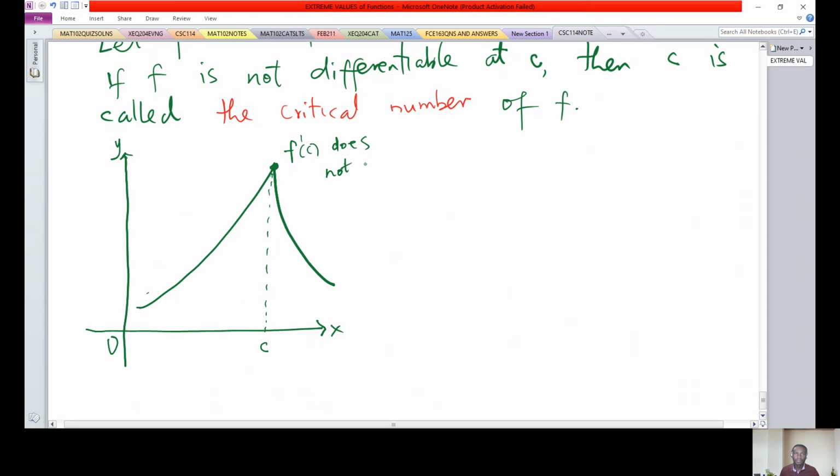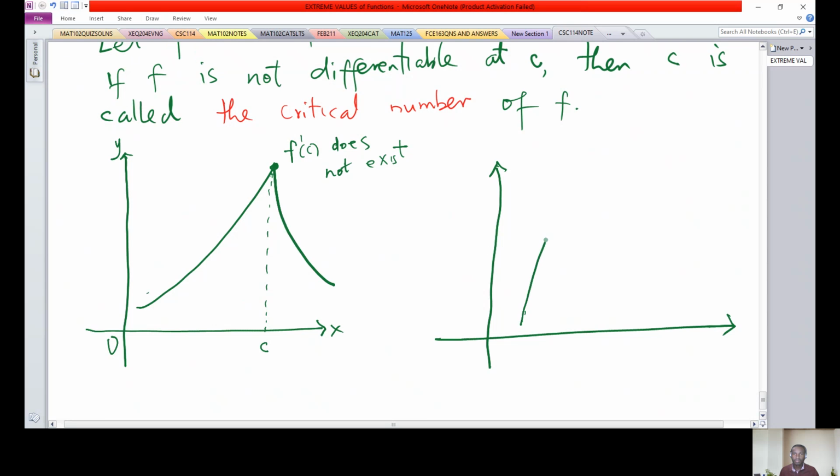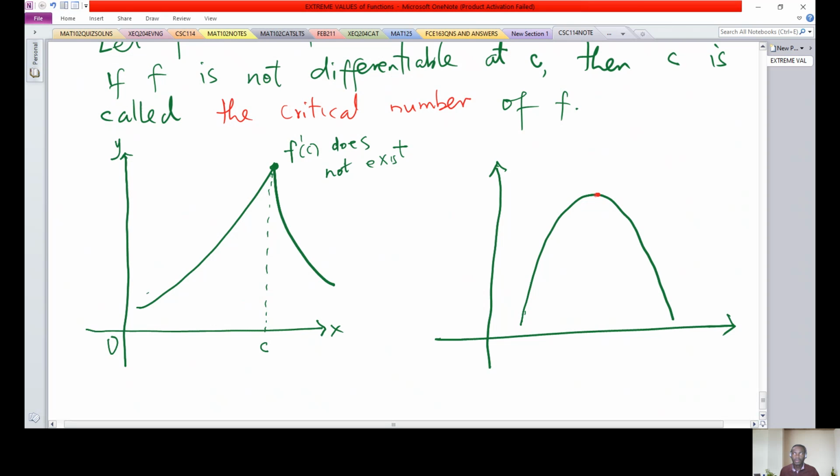Or we can have this: at this point we can draw a horizontal tangent, so f prime at c is 0.